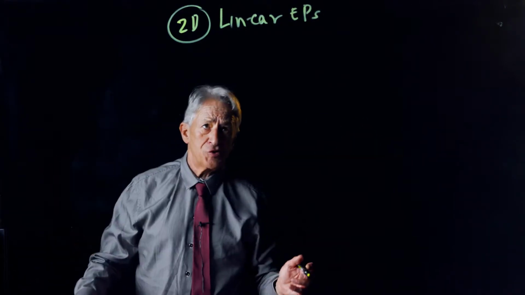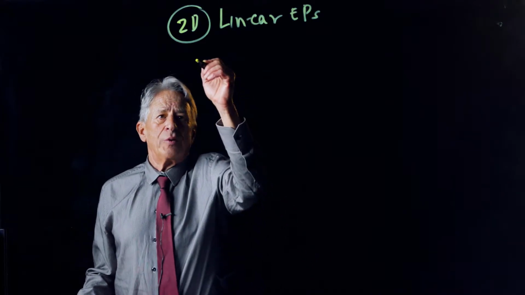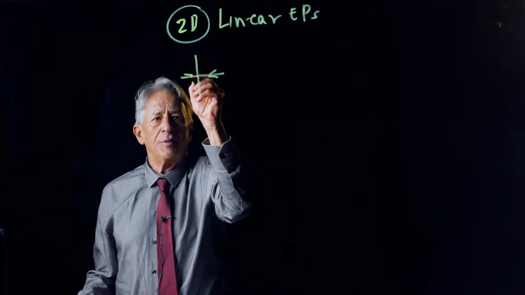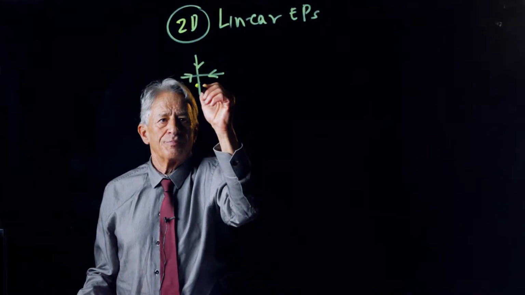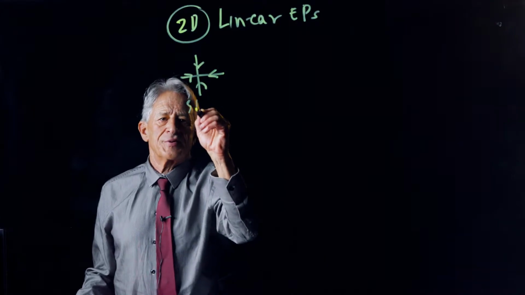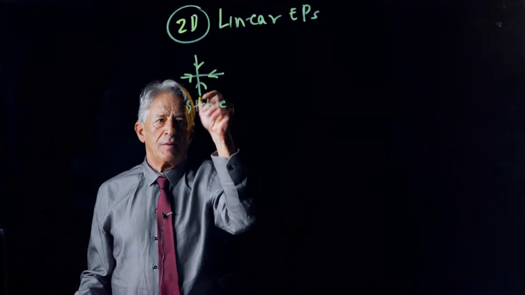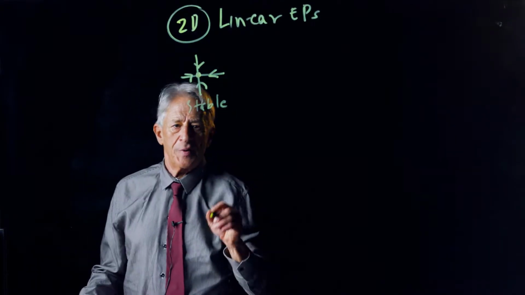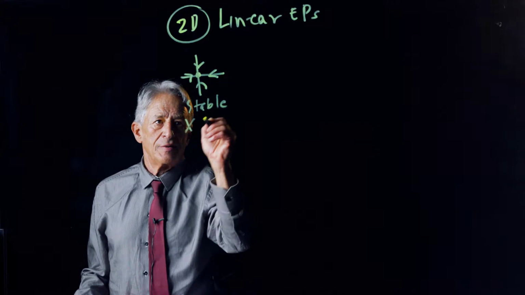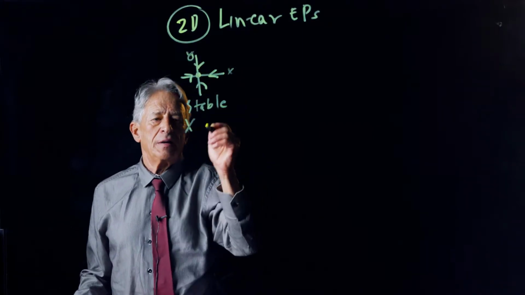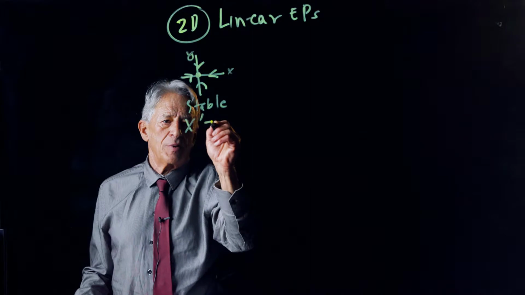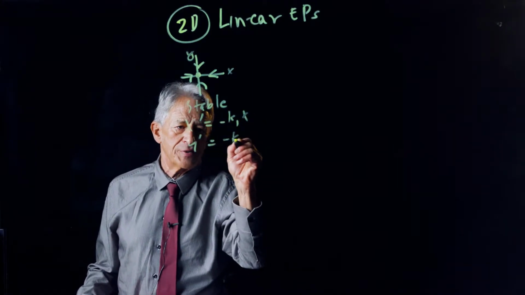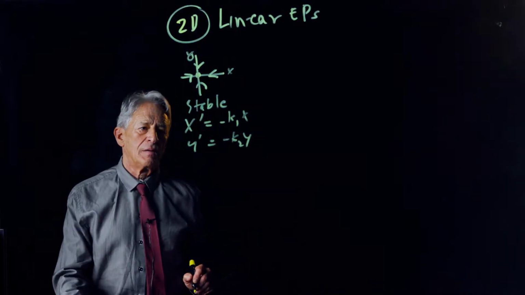I'll give you the zoo. We can have a purely stable equilibrium point, and that's stable, and the differential equation corresponding to this is, if this is x and y, x' = -k1x, y' = -k2y.